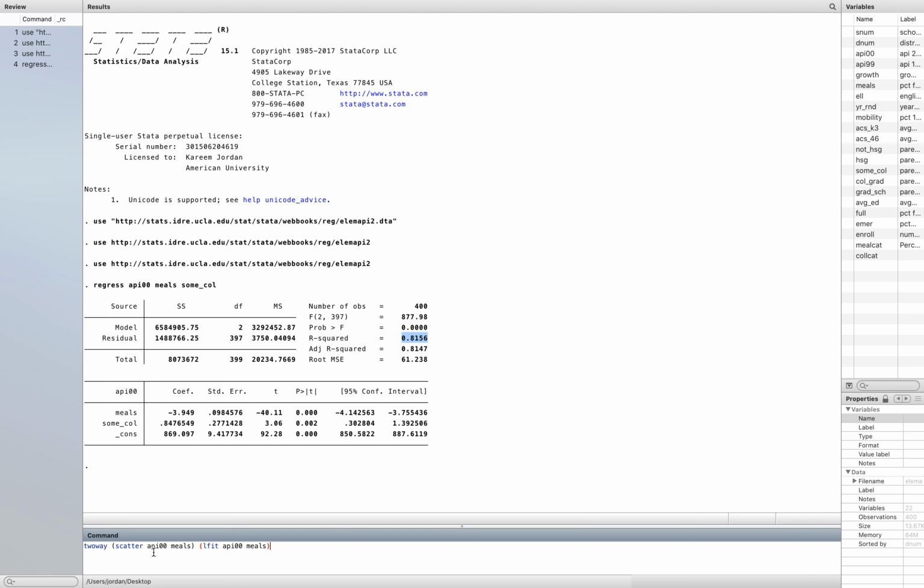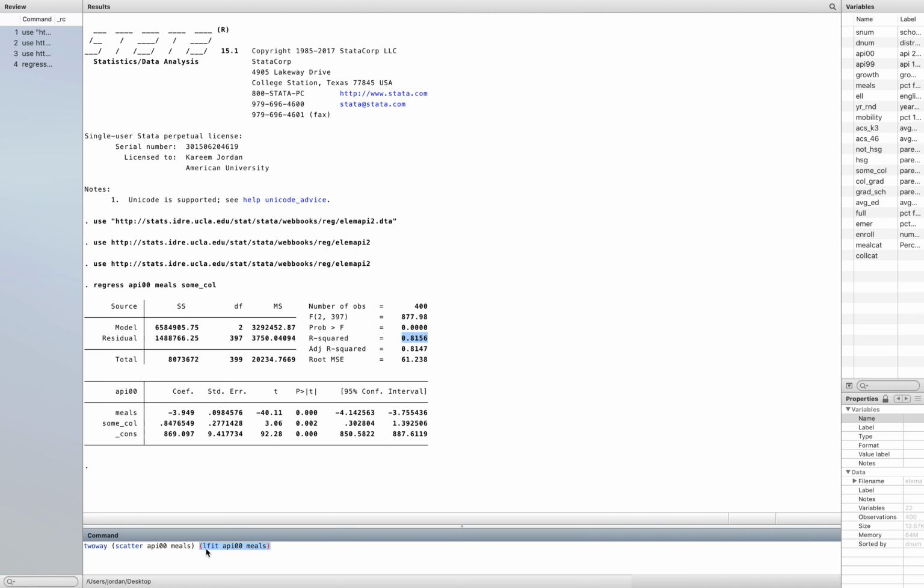You put your outcome, which is the Academic Performance Index 2000. And here I'm doing it one predictor at a time. So I'm doing meals. I'm looking at whether or not there's a linear relationship between each predictor in the model, which is meals and some college, and academic performance index. Technically, that's all you need.